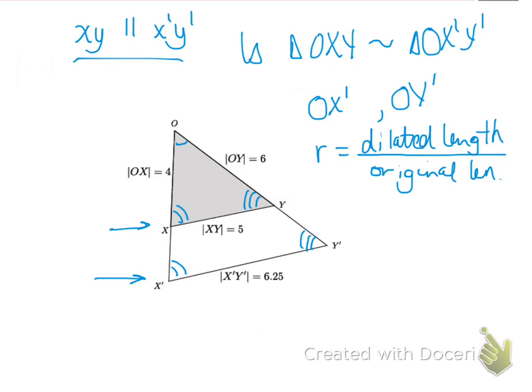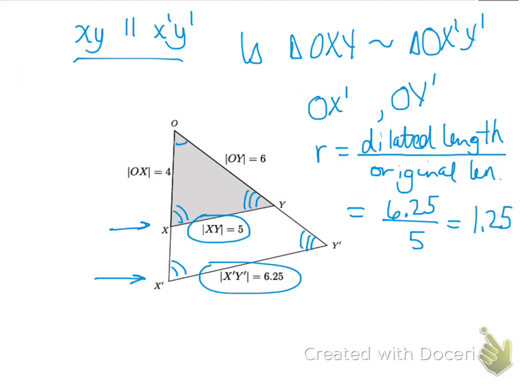Okay, and so the only pair of corresponding sides that I have to work with would be these. So my scale factor is 6.25 divided by 5, which simplifies to 1.25.